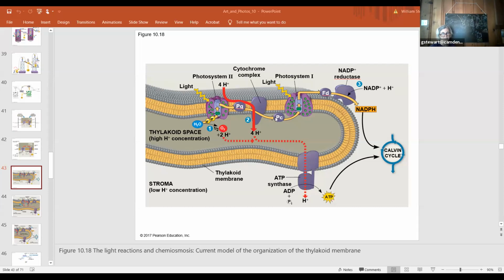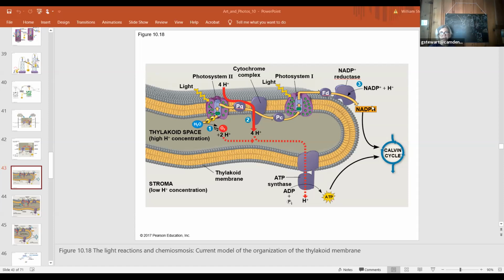They get passed, and they serve as replacement electrons for photosystem 1. Why? Because in photosystem 1 the chlorophyll was so excited that it threw electrons to a short electron transport chain, and those electrons are gone. They're here. They have reduced NADP into NADPH.